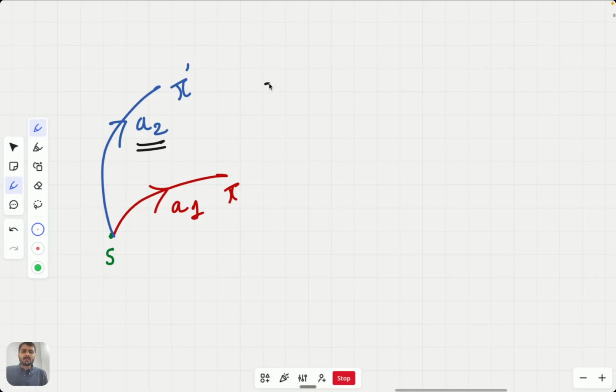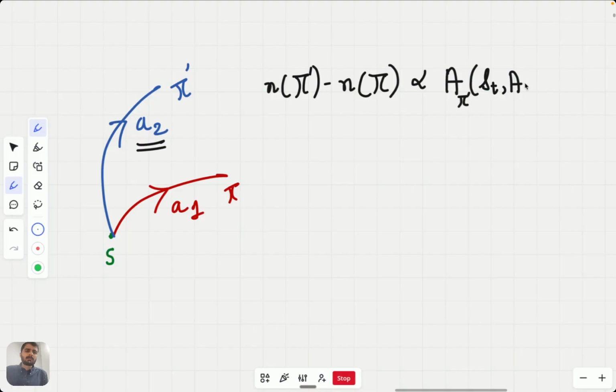So basically, n of pi dash minus n of pi is going to be proportional to the advantage. Okay, so this is what my intuition says.